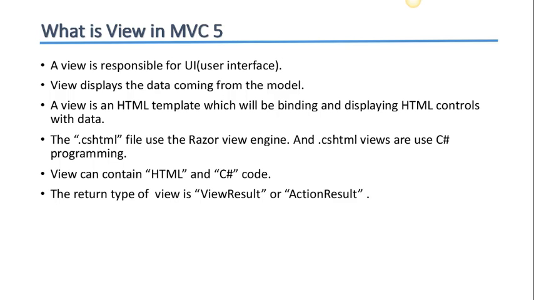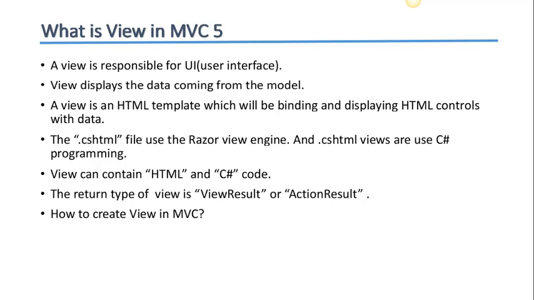The return type of view is ViewResult or ActionResult, and we can return the view with the help of the View method. So either we can use ViewResult or ActionResult. We will go one by one and understand each and every concept programmatically.